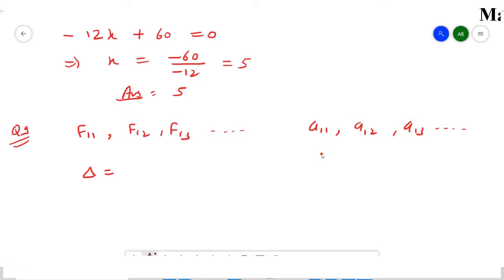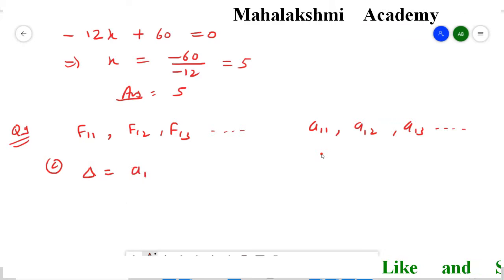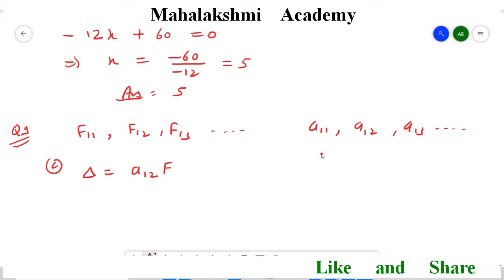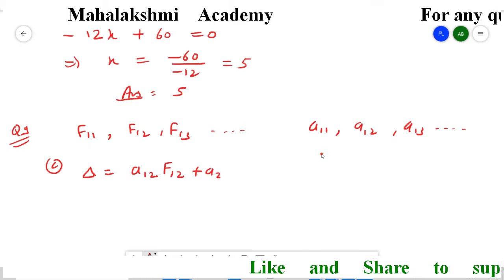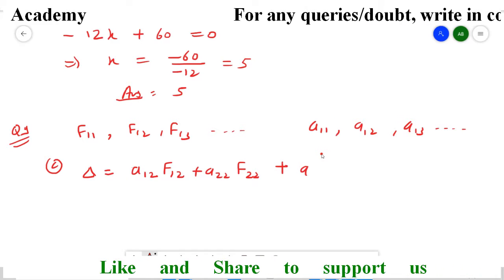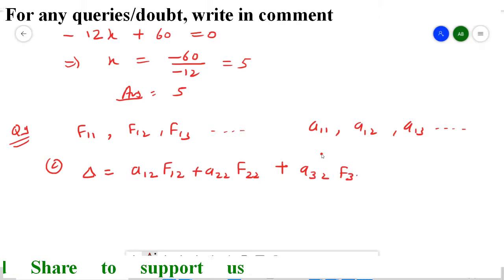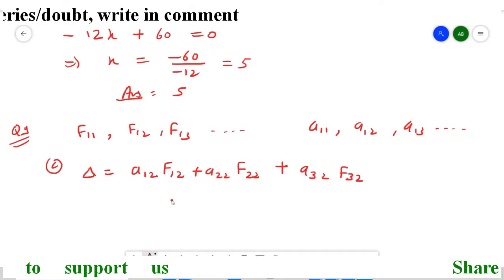So students, in this the third option is going to be correct, that is option C. I am writing the C option here: a12 multiplied by f12 plus a22 multiplied by f22, then plus a32 multiplied by f32. So students, this is correct.